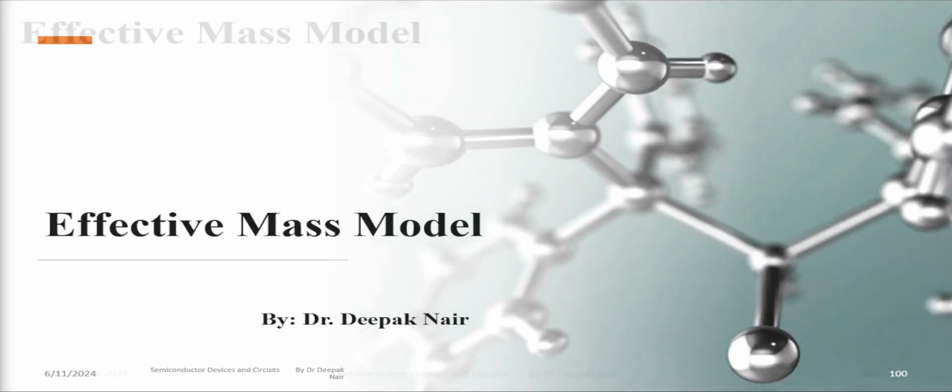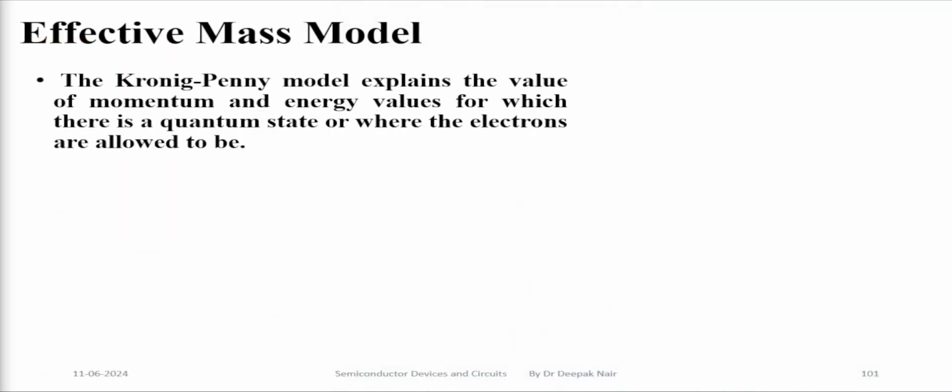Let's start the video. So first of all, let us try to understand what the effective mass model is. In the previous videos we have discussed the Kronig-Penney model, and we know that the Kronig-Penney model explains the values of momentum and energy for which there is a quantum state, or where the electrons are allowed to be.